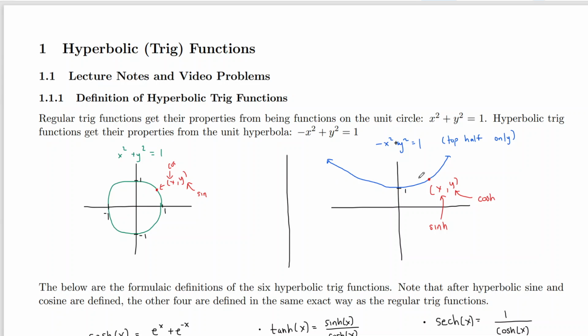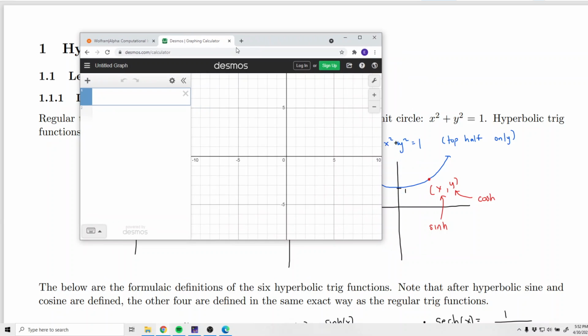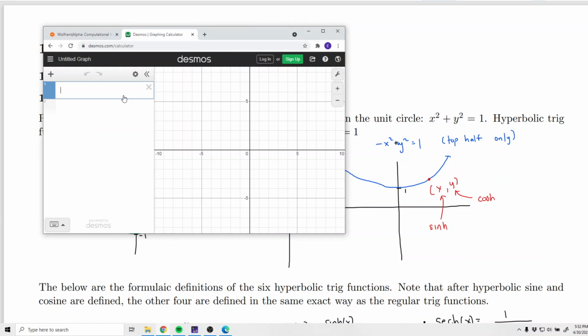So really, this hyperbola, which I'm going to show you on Desmos in just a second, has a top half and a bottom half. But when we talk about the hyperbolic trig functions, we're just going to be referring to the top half. Now, we don't really need to deeply understand that. I just wanted to mention that in case someone was familiar or remembered about the hyperbolic functions or hyperbolas.